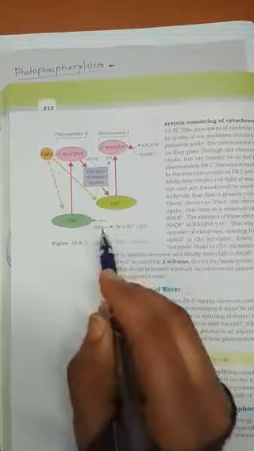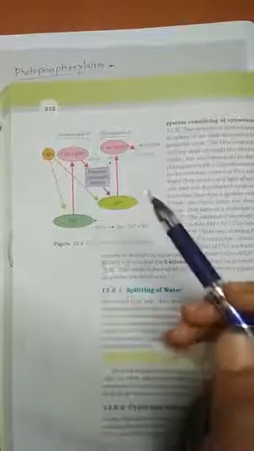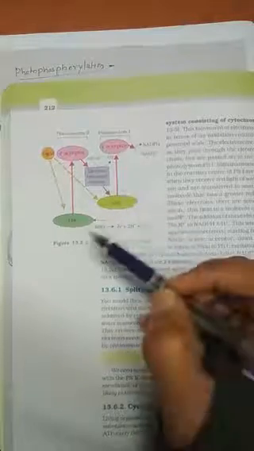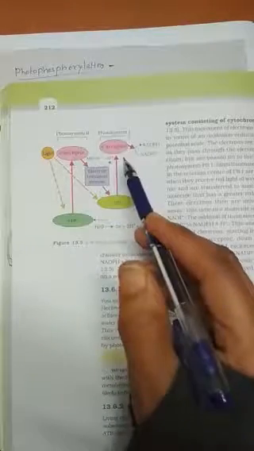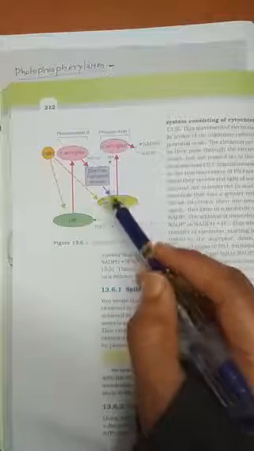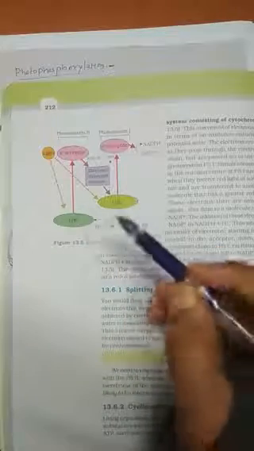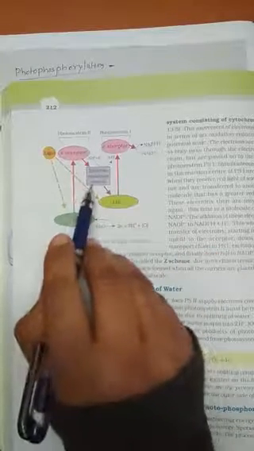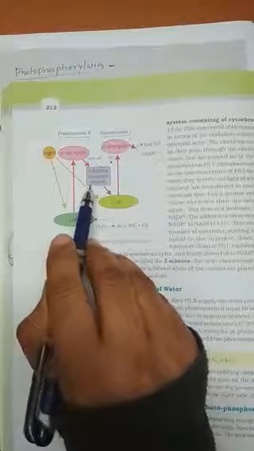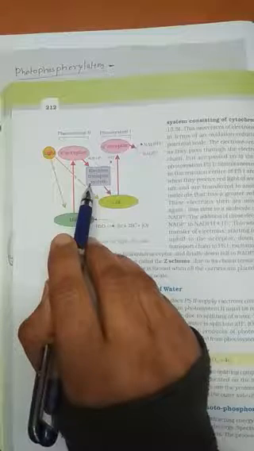This is the Z scheme, and the two photosystems work in series, first PS2 and then PS1. These two photosystems are connected through an electron transport chain, that is this one, also called the Z scheme.